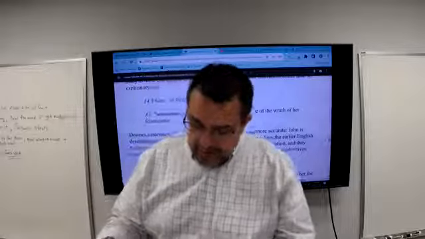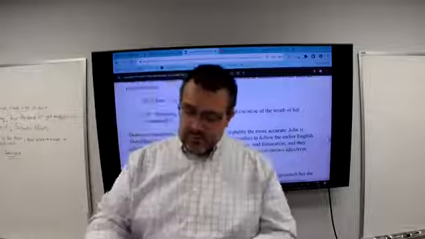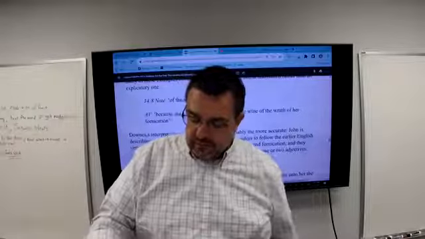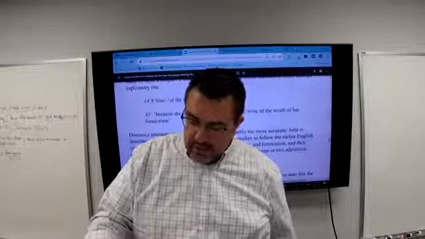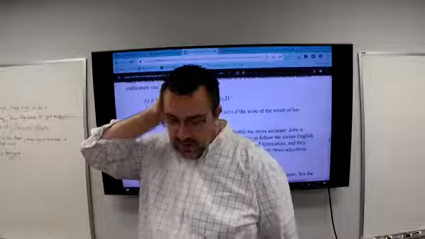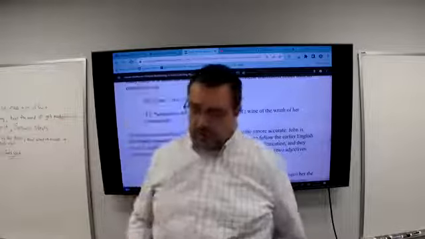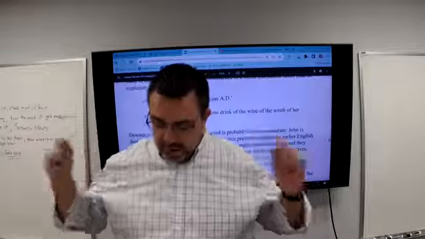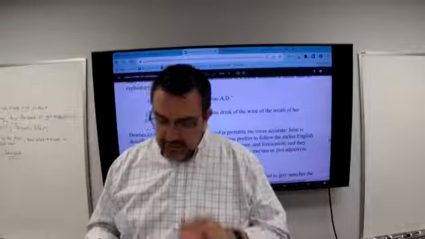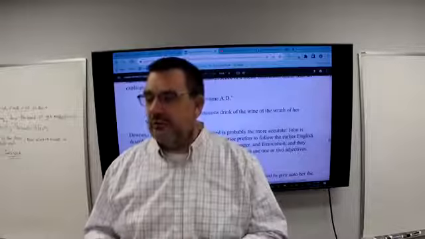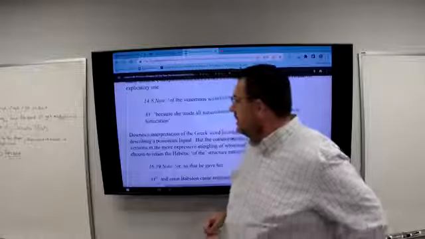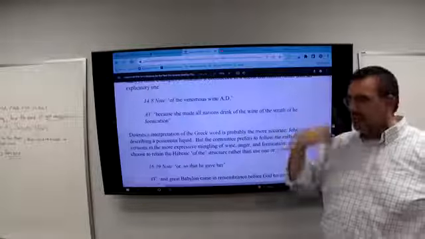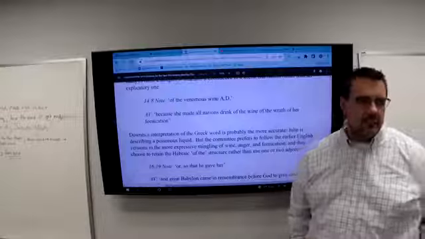John is describing a poisonous liquid, but the committee prefers to allow the earlier English versions in the more expressive mingling of wine, anger, and fornication, and they choose to retain the Hebraic structure rather than one that uses two adjectives. Now this structure right here, of the, is basically the way a lot of things are said in Hebrew, okay?